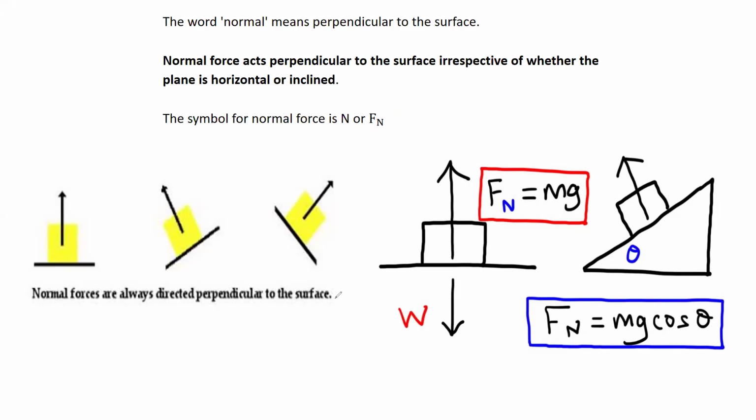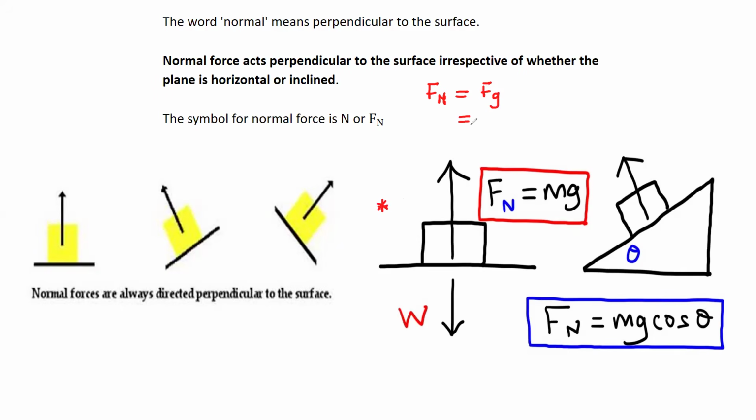Now, notice something. If you discuss this situation, the surface is horizontal, normal force perpendicular. The surface is inclined, normal force perpendicular. Even here, the surface is inclined, the normal force perpendicular. It's important as well, and I'm putting equations here, to understand that the normal force is equal to the force due to gravity on a horizontal surface.